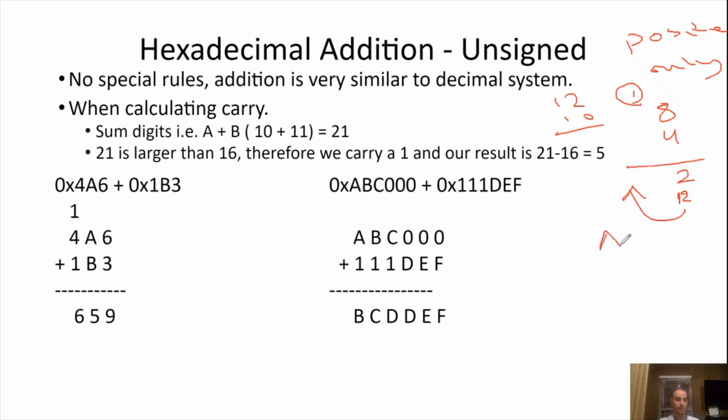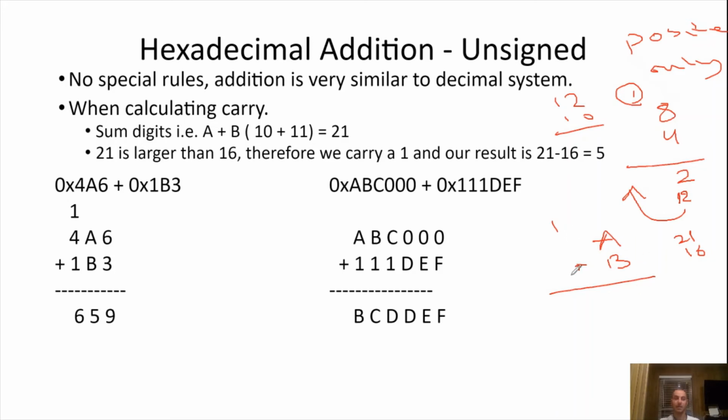So if you are doing a plus b, so that is gonna be a is 10, b is 11. So if you add this, you're gonna get 21. So we cannot put 21 here. We don't have a digit for it, right? So how do we do that? We deduct the base, because that is what the carry will be. So we know we're gonna get a 1 here for sure, right?